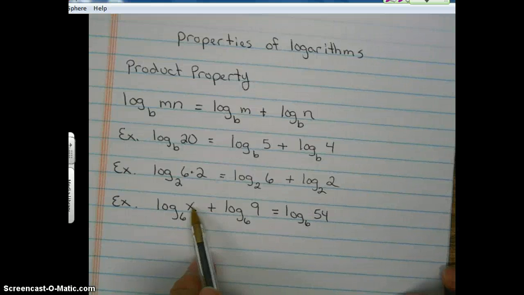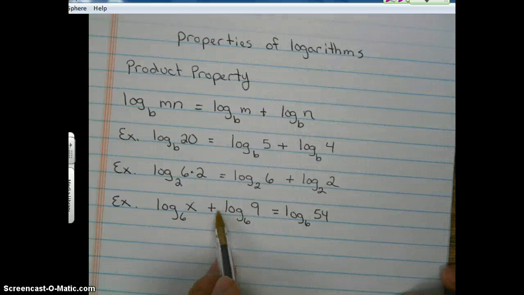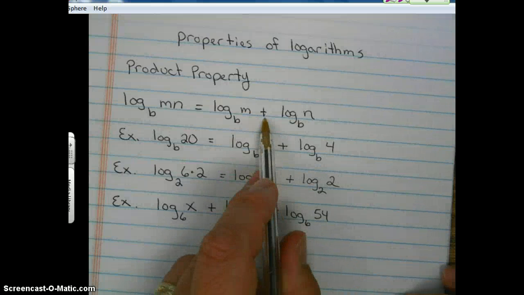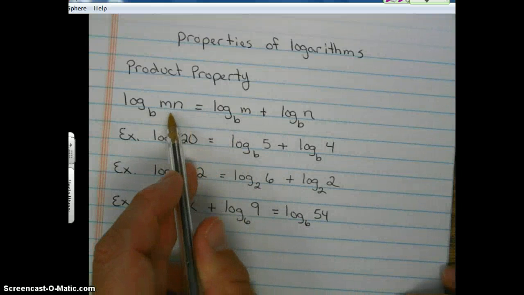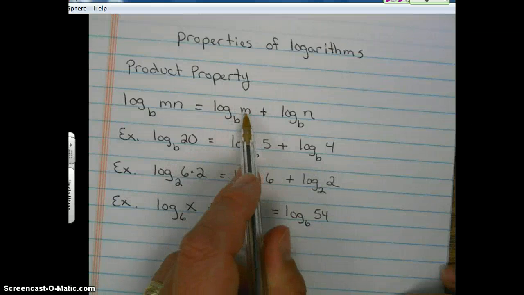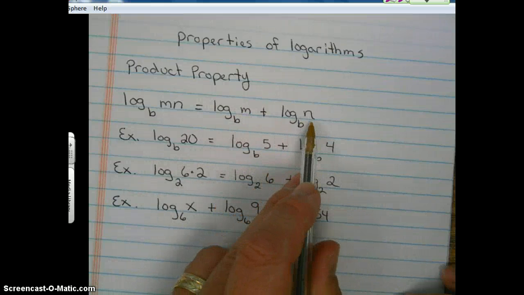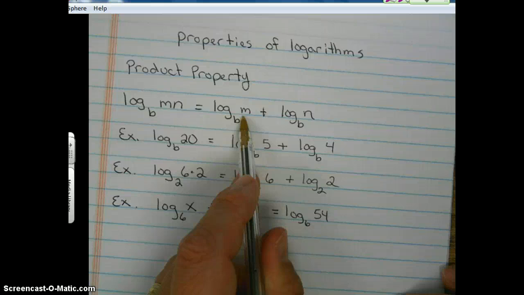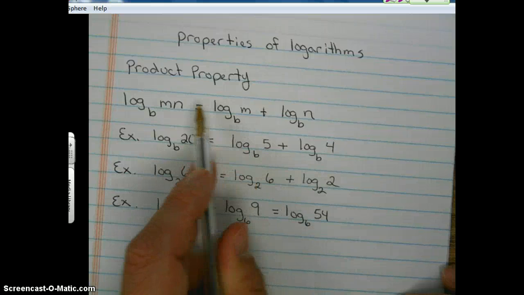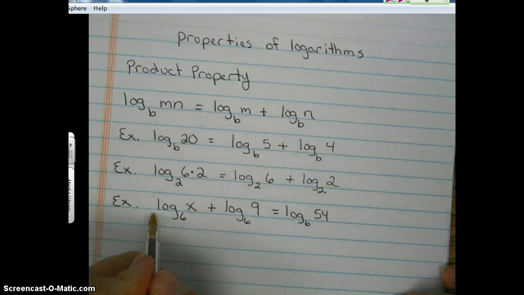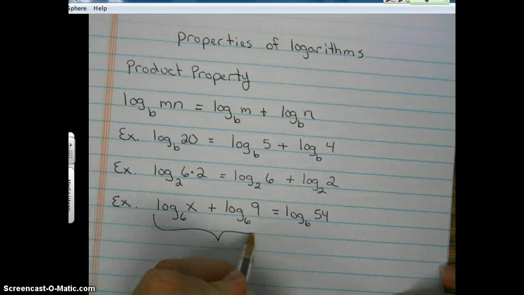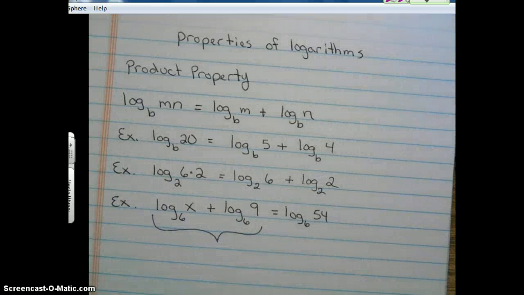Remember, if we're going from plus over here to multiply, we have to take the two arguments, m and n, and multiply them together to get this. So what I'm going to do right now is combine these two into one using this property.